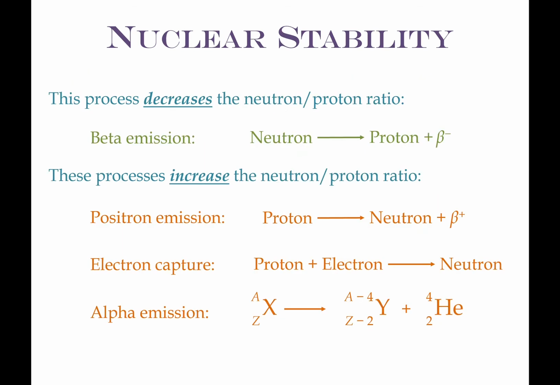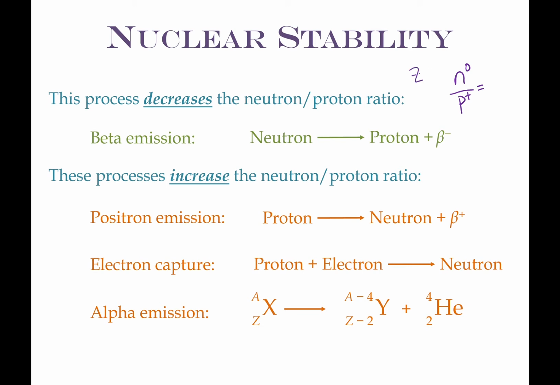Now, what do we look at for how we think something will decay? Will it undergo alpha emission, positron emission, or electron capture, or will it undergo beta emission? Well, it depends on what that neutron to proton ratio is, and also what the Z is.